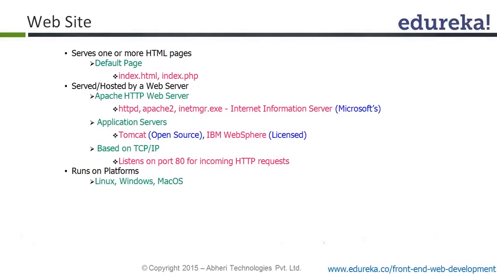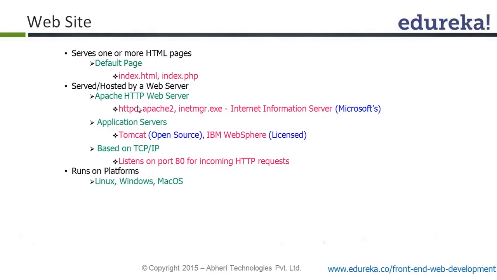Note that a website can be visited by an end user from a browser only if it is serviced by a web server. A web server is just a process which runs on a machine on the network, on the network meaning on the web, the public World Wide Web.